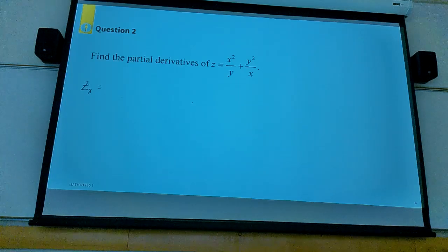To start with x. Let's do this. So what I'm going to do is I'm going to rewrite in z just to make it a little more obvious what's going on.